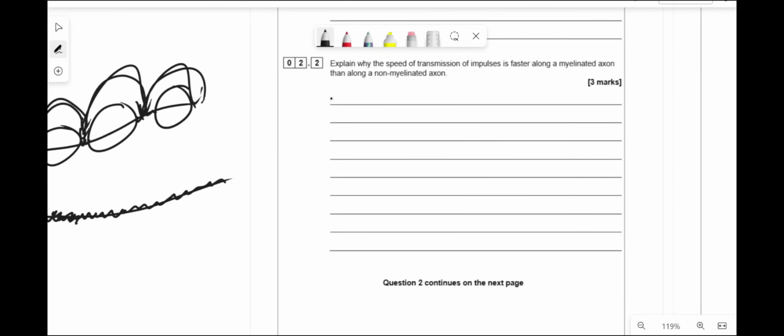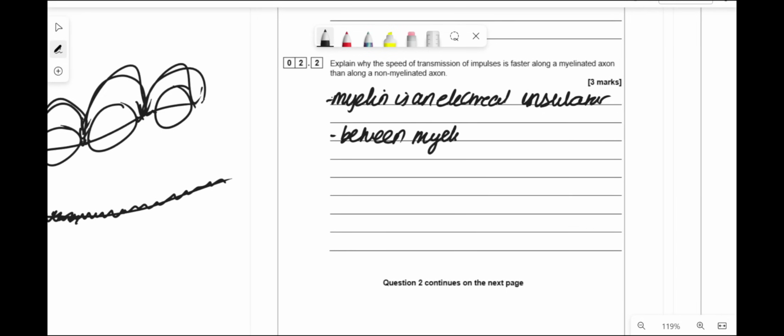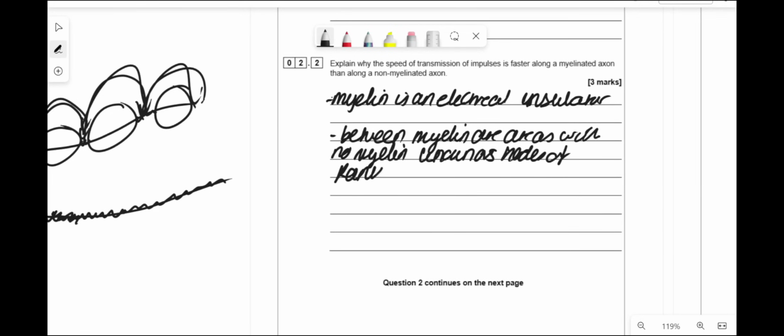So we would say that myelin is an electrical insulator, and then between myelin are areas with no myelin, known as nodes of Ranvier, where depolarization happens.